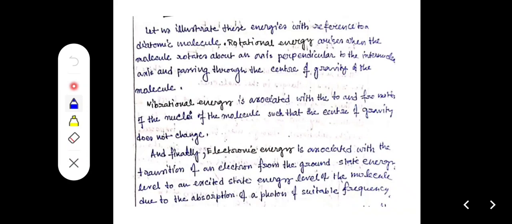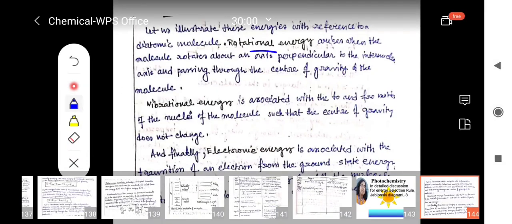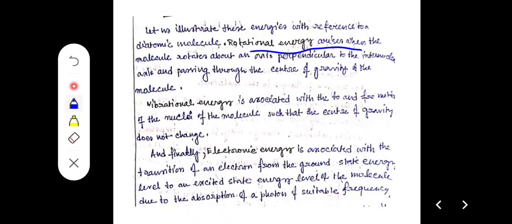In that case, I only explained the rotational energy. Rotational energy arises when the molecule rotates about an axis that is perpendicular, meaning at 90 degrees, to the internuclear axis and passing through the center of gravity of the molecule.